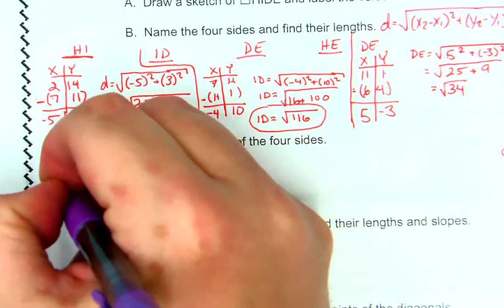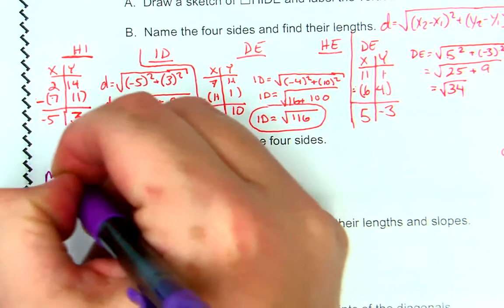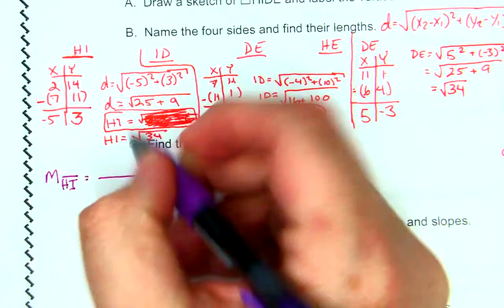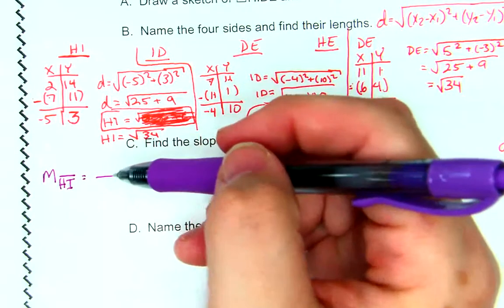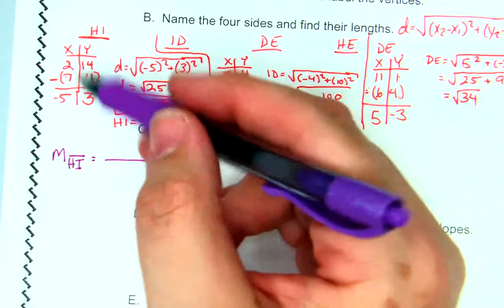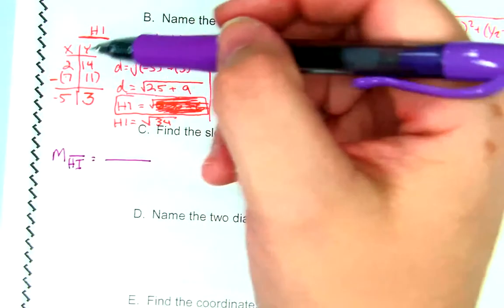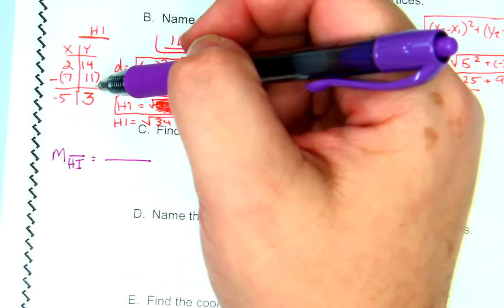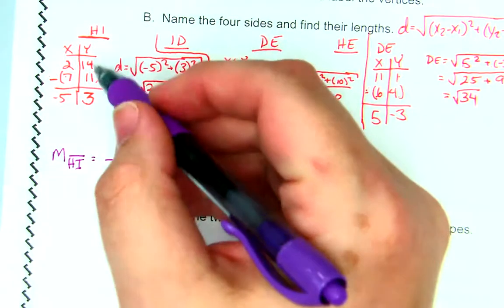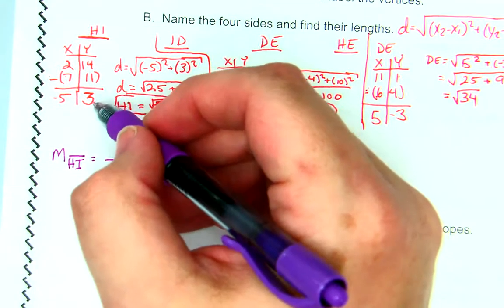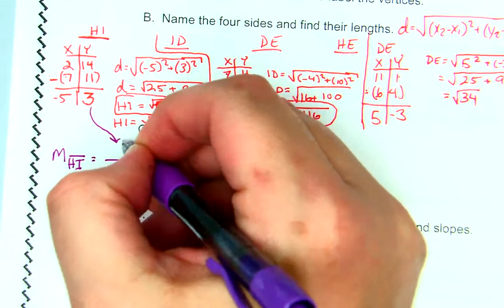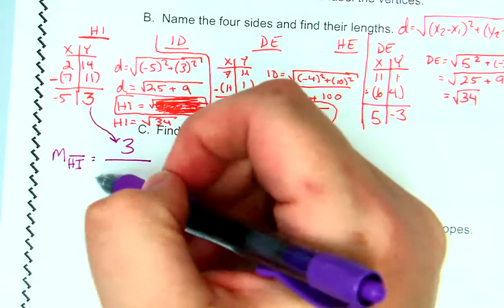So the slope of HI is going to be equal to y2 minus y1 over x2 minus x1. Well, didn't we already do y2 minus y1 up here? Yeah, so what do we get for y2 minus y1? 3. So I could put the 3 right there. And what did I get for x2 minus x1?